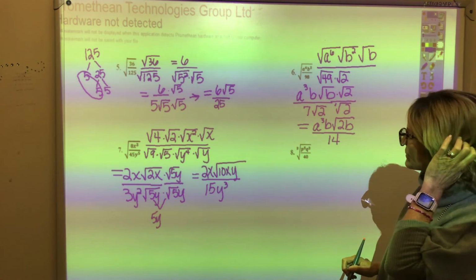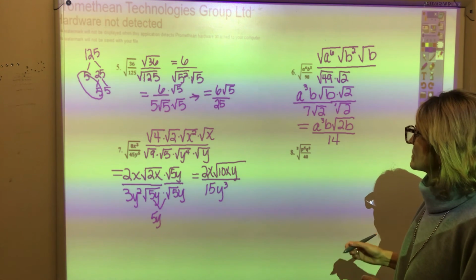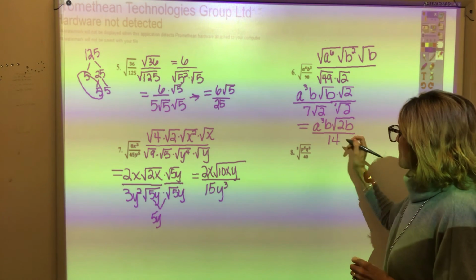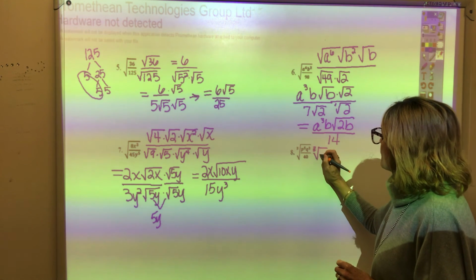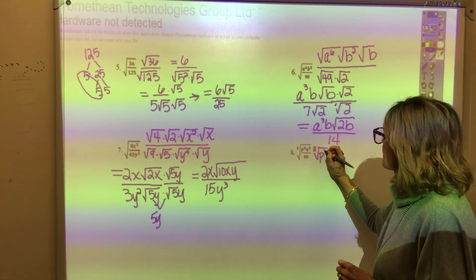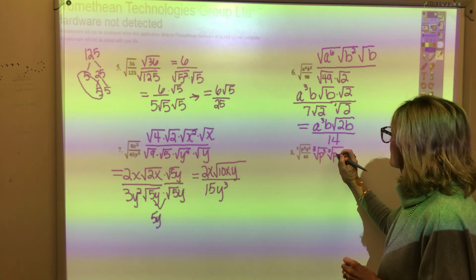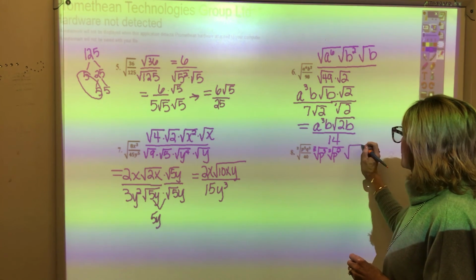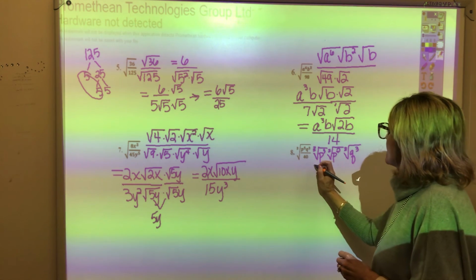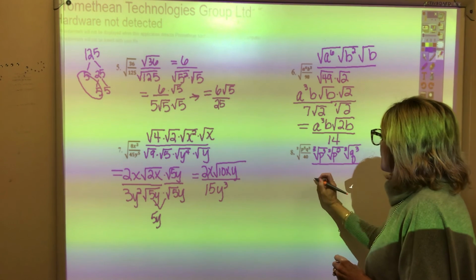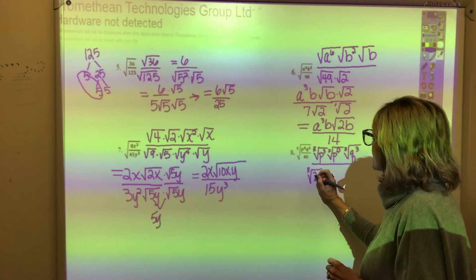Okay, and then our final one is going to be taking the cubed root. So we've got the cubed root of p to the third, the cubed root of p squared, the cubed root of q to the third, and hoping that you know that the cubed root of 8 is something we can take.